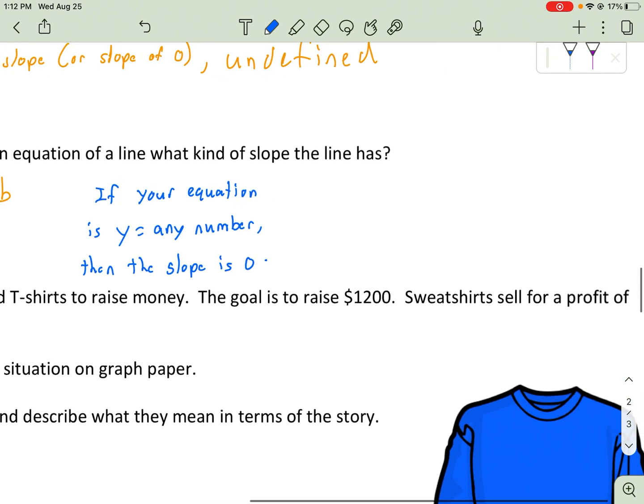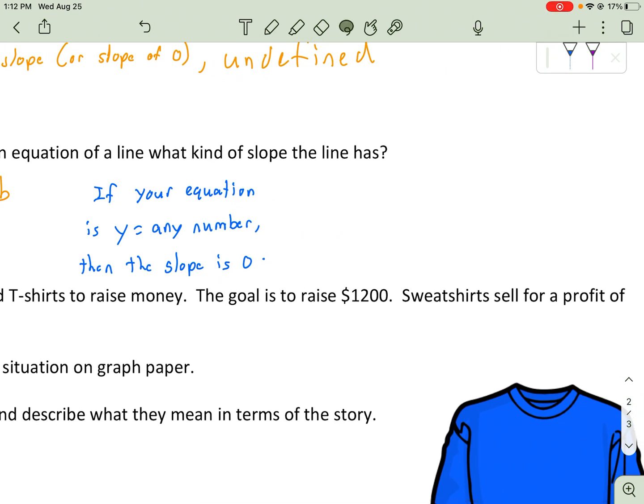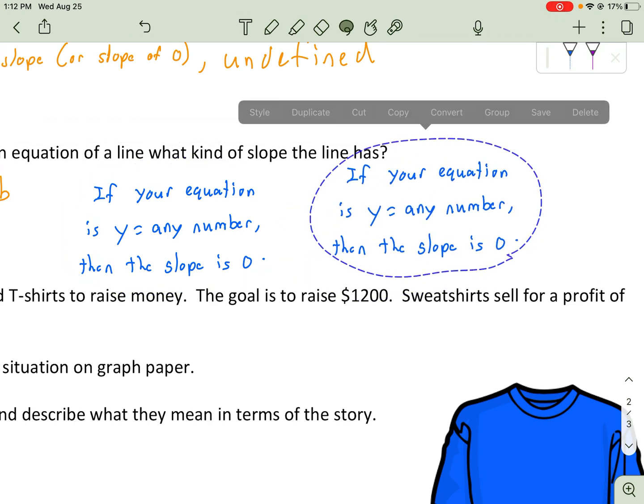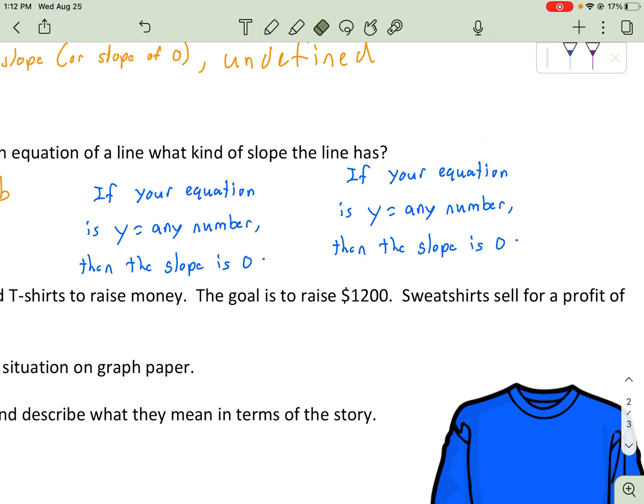And if your equation is x equals any number, then the slope is undefined, because it's a vertical line.